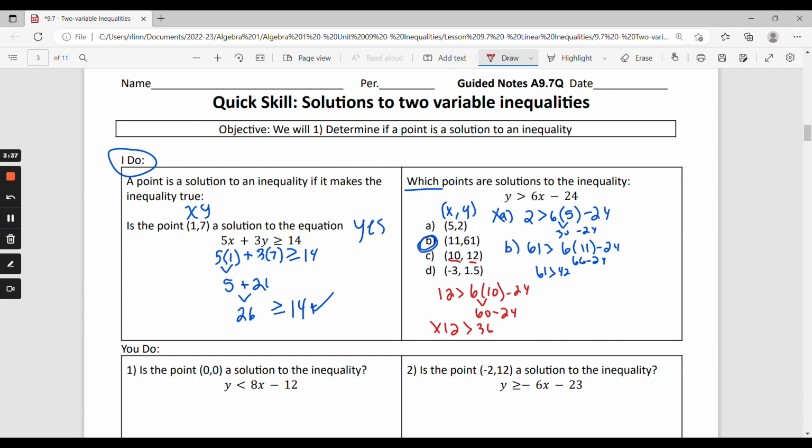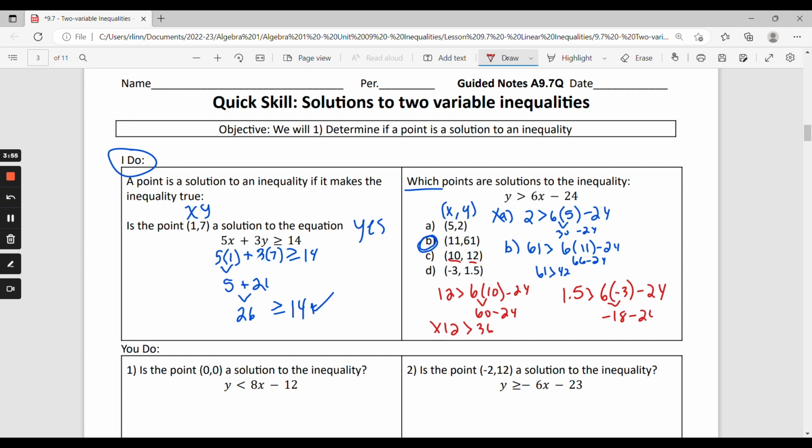So D, we've got negative 3 as our X value, and 1.5 is the Y value. So we've got 1.5 is greater than 6 times negative 3 minus 24. So let's go ahead and see if that's true. 6 times negative 3 is negative 18.